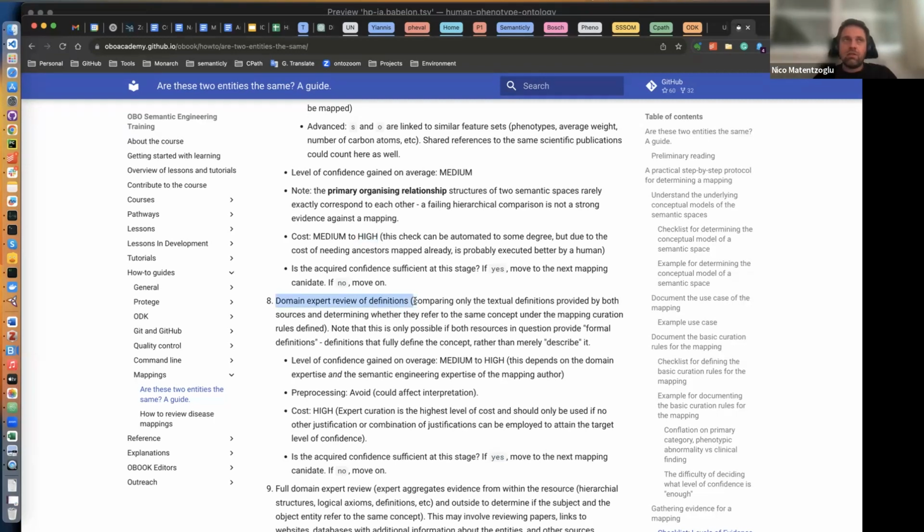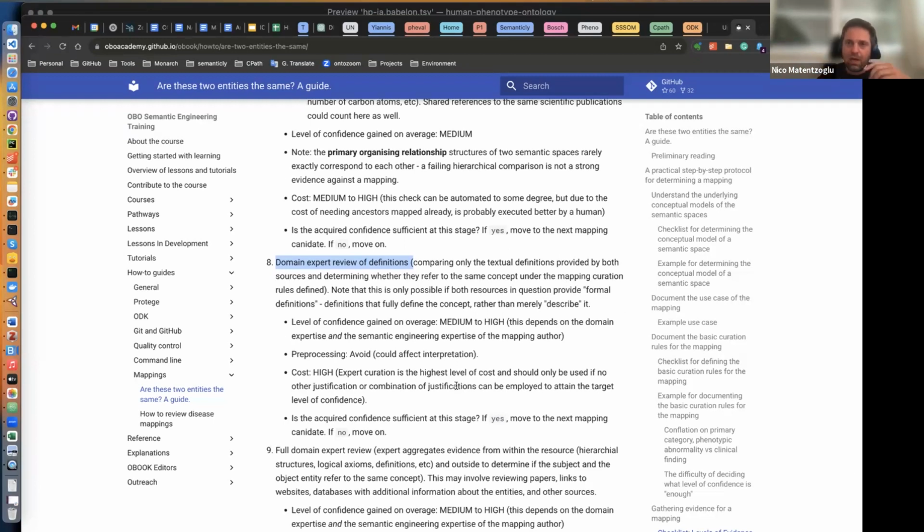What we mean by definitions is if the two semantic spaces happen to provide formal definitions, and it's very, very important to distinguish formal definitions from descriptions, then you can show those definitions to a clinical or domain expert, and they can compare those definitions and mentally reason about them and decide whether these two concepts are the same kind of thing. Very rarely do you have two resources that have formal, human readable definitions for their diseases, but if you have it, you can do that.